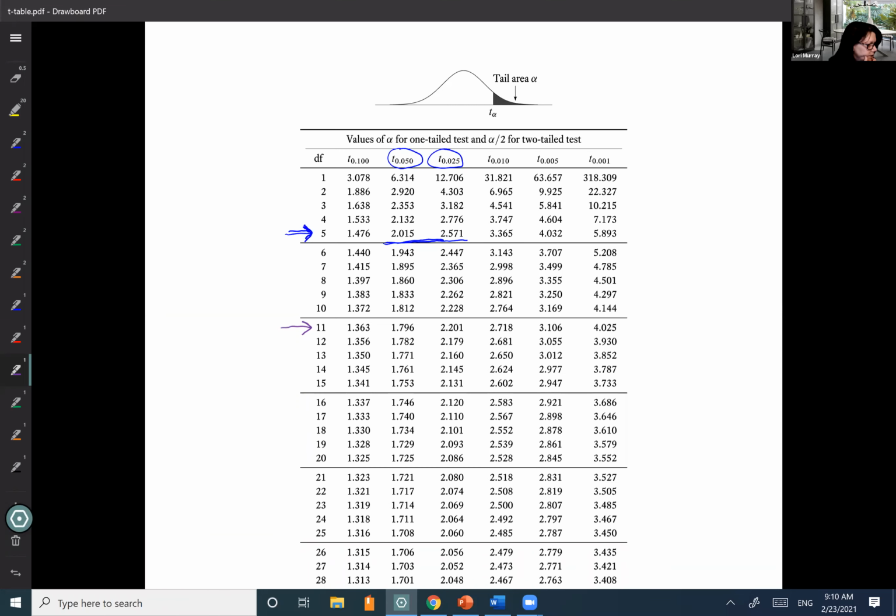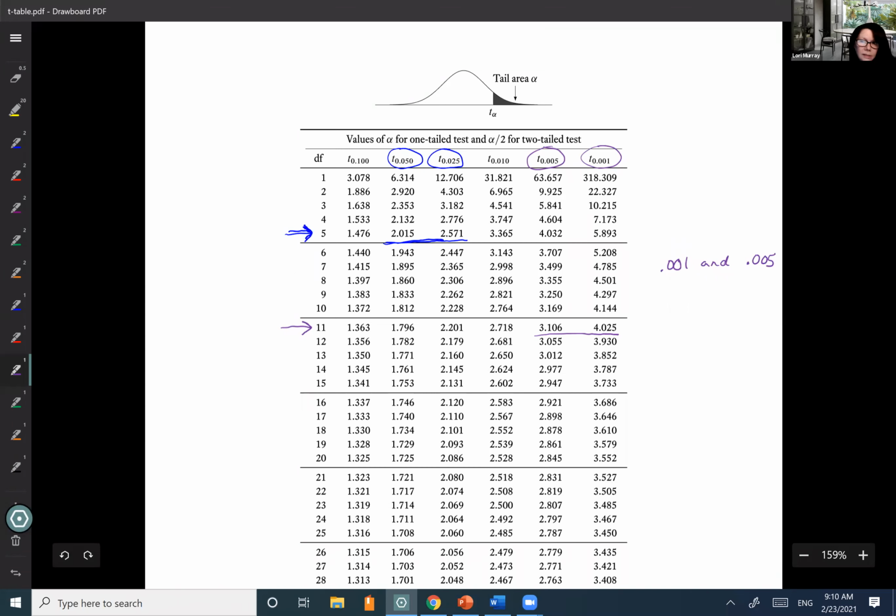We look up the positive value, the absolute 3.365, and it falls between these two values, which correspond to 0.001 and 0.005.